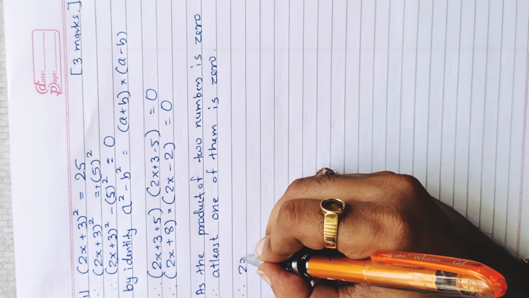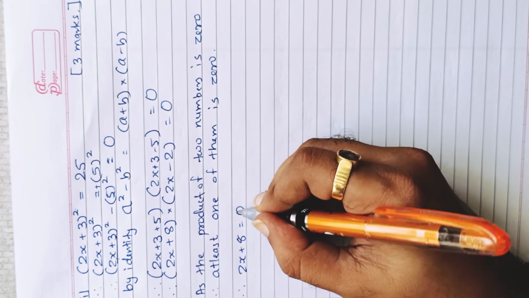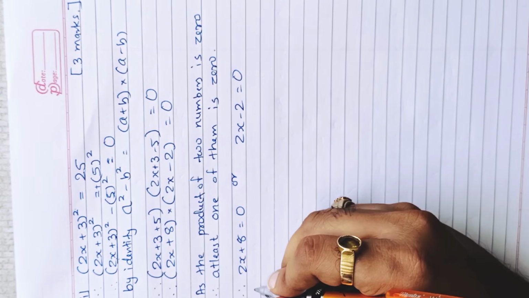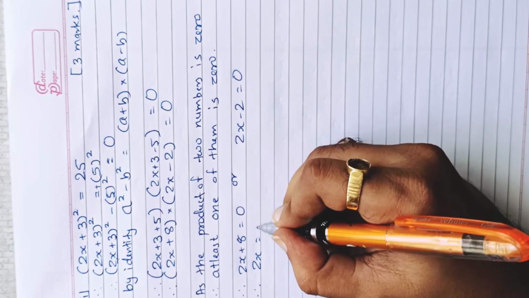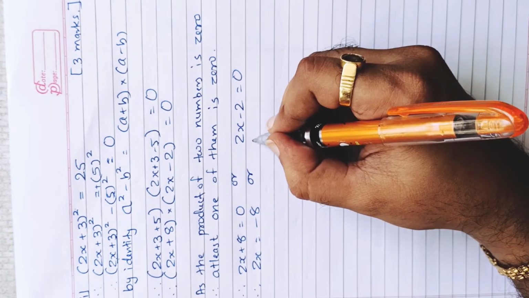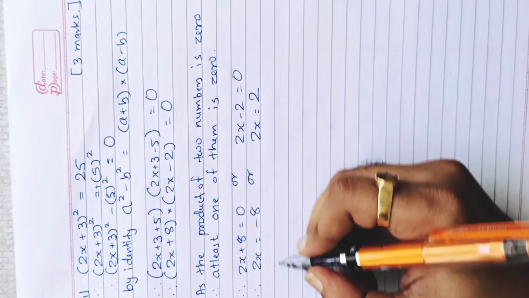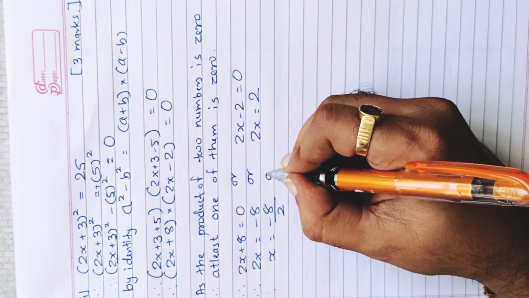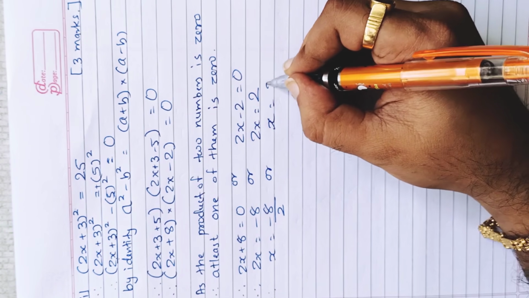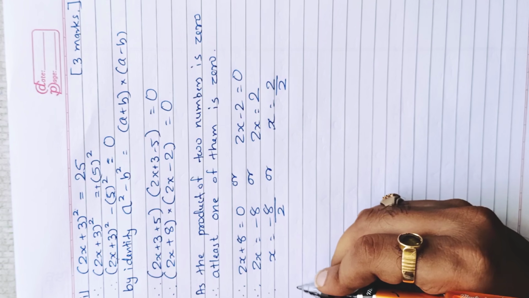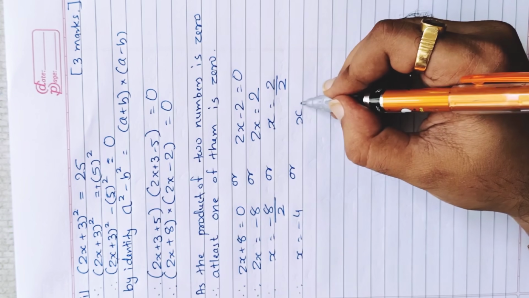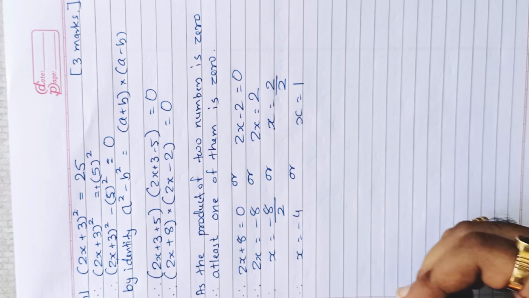Therefore, 2x plus 8 equal to 0 or 2x minus 2 equal to 0. So 2x equal to minus 8 or 2x equal to 2. Therefore, x equal to minus 8 by 2 or x equal to 2 by 2. X equal to minus 4 or x equal to 1.